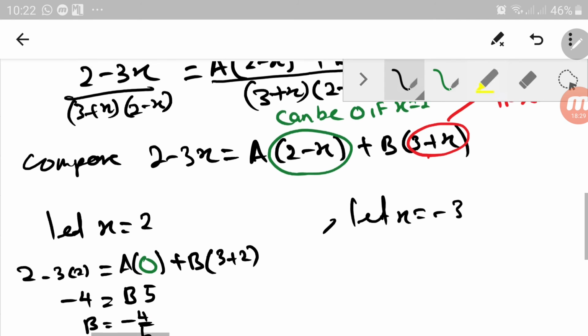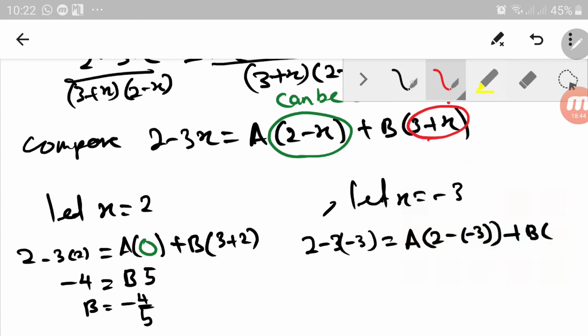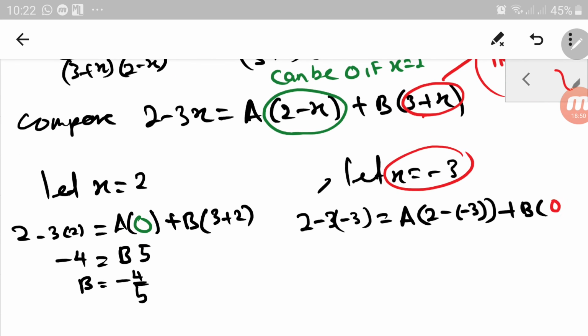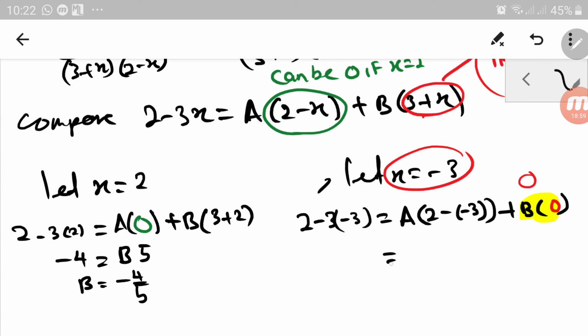Now the next one is 2 minus 3 times minus 3, bracket, don't forget, and then A times 2 minus minus 3, plus B. Remember the second one is 0 because x is minus 3. Actually you don't have to write the whole thing, you can just write 0, no problem. This one is 2 minus 9, minus 7, this one is 5. Oh yes, so A is minus 7 over 5.